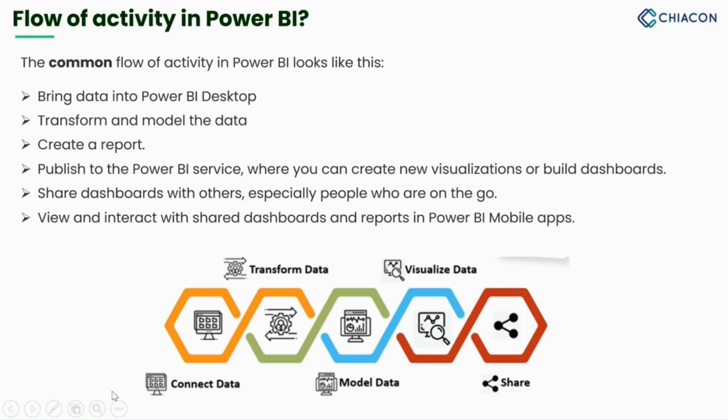We bring that data from any of the data sources we discussed previously. Then we transform that data and then model the data, creating relationships. When the transformation and modeling is done, we visualize that data and publish the reports to Power BI service. And using Power BI service, we share the reports with multiple users across the globe.